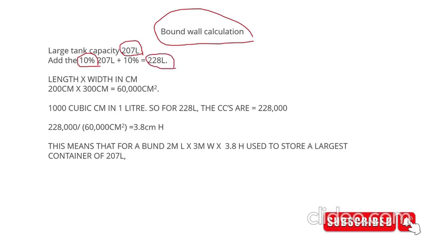Multiply the length by width in centimeters. So I have 200 centimeter length and 300 centimeter width, which is equal to 60,000 square centimeters.